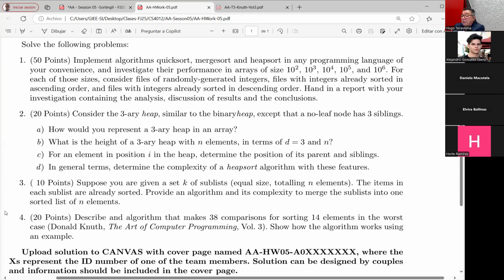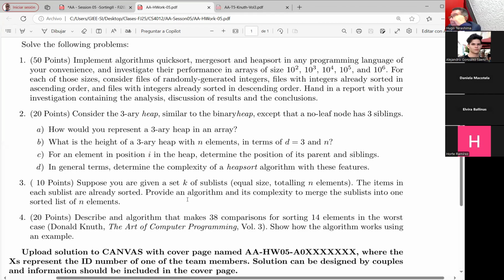Suppose this is number 2, right? Number 3, suppose you're given a set of K lists of equal size, totaling n elements. The items in each list are already sorted. Provide an algorithm and its complexity to merge the sublists into one sorted list of n elements.